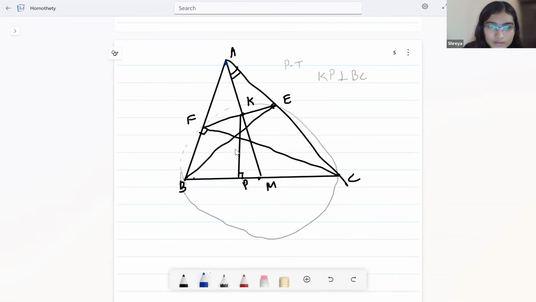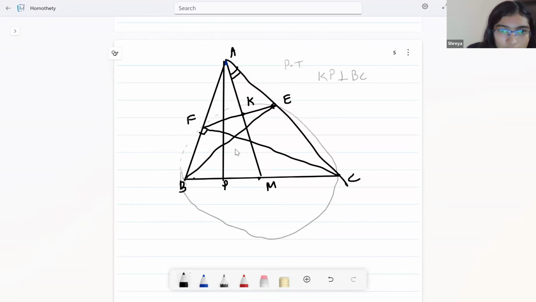Yeah, I will actually make a better diagram. So we should think about doing something from A only. This does not look true, but KP is indeed perpendicular. And these are totally equivalent. It's fine.